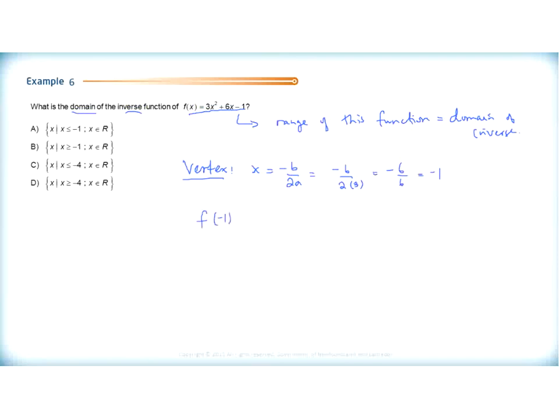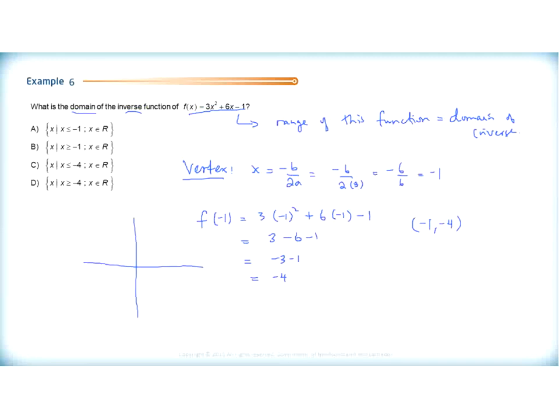So I'm going to find f(-1). 3 times (-1)² plus 6 times -1, subtract 1. So we got 3 here, subtract 6, subtract 1. So -3 subtract 1, which is -4. This is a parabola with its vertex at (-1, -4).